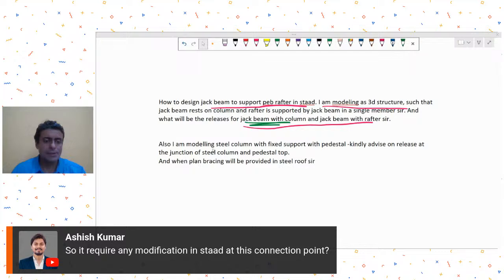So I'll open this Zamil Steel handbook, which has some good images. Just a minute. I'm just trying to search for a jack beam arrangement. Hmm. This is it.